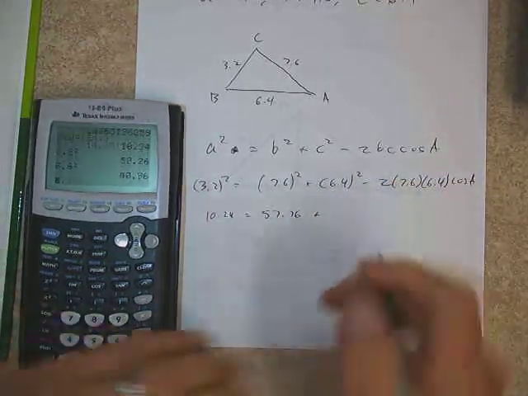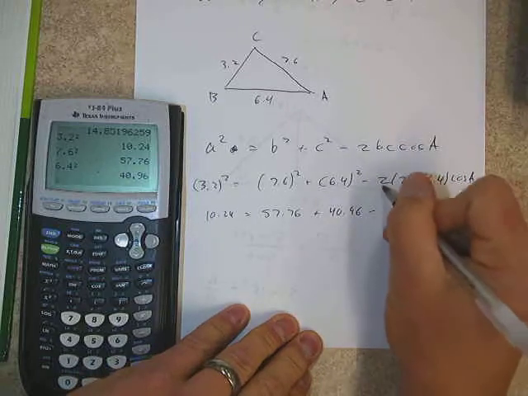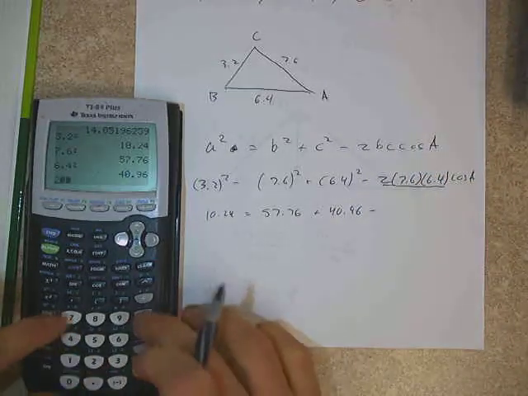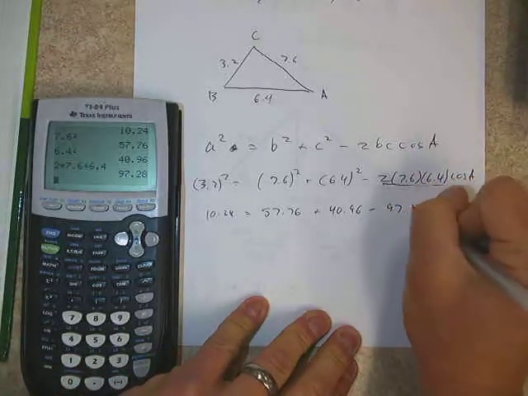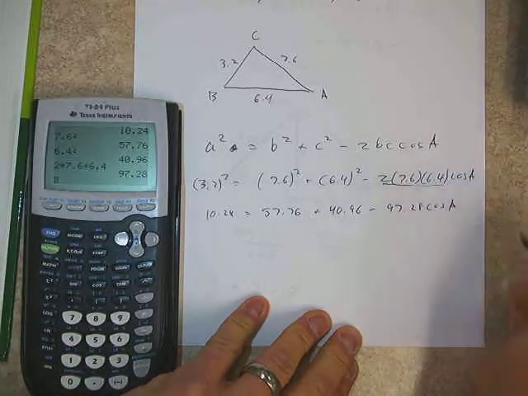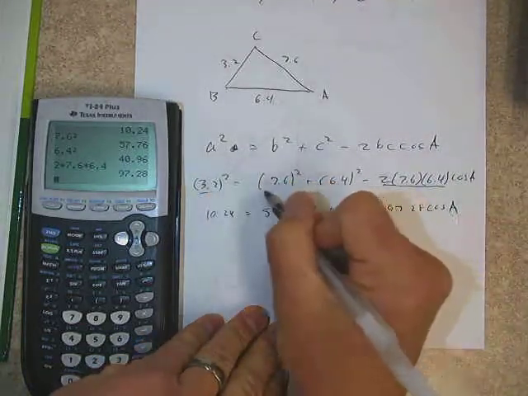Once we put in the values, we're going to evaluate the squares first. The order is important, so make sure we do everything in the right order. We get 10.24 over here. 7.6 squared is 57.76. 6.4 squared is 40.96.